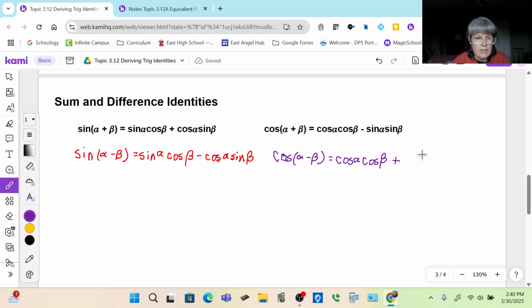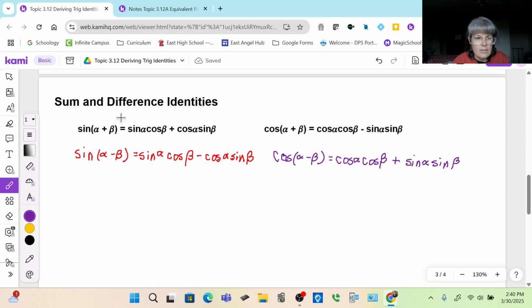So it's the opposite with the cosine one, sine alpha. And let's write that a little bit nicer. We want to say sine alpha times sine beta.